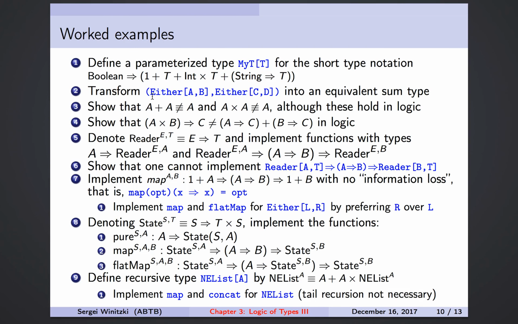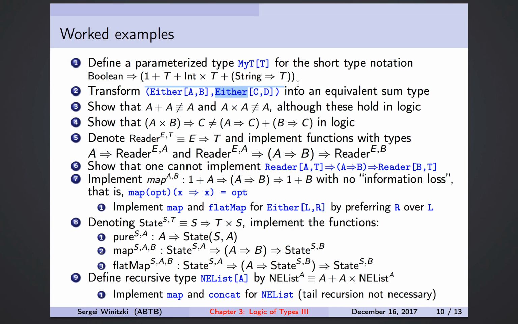The second example is to transform this type into an equivalent sum type. So sum types and disjunctions are the same thing. This type is a tuple, the tuple of 2 Eithers. And I want to transform this into an equivalent sum type.